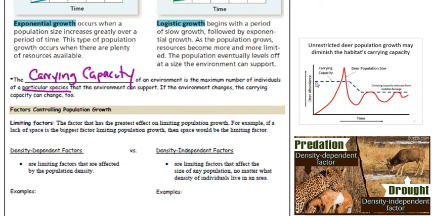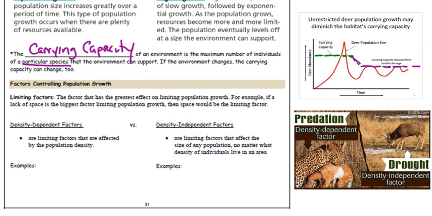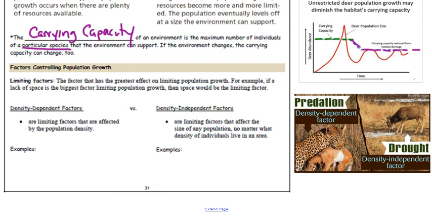It originally was right here. But with the habitat being destroyed, it now cannot sustain as big of a population. So the carrying capacity for deer actually decreased with the destruction of the habitat. But going back to logistic growth, we do have our limiting factors, which we kind of talked about a little bit already.